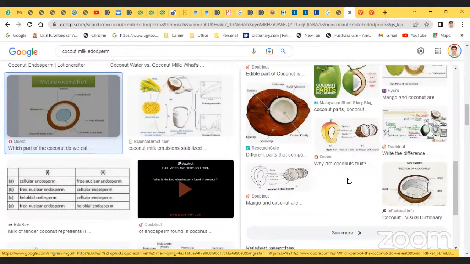Melitopaleontology. Any idea? Melito. Nectar. How to produce honey? Honey production.